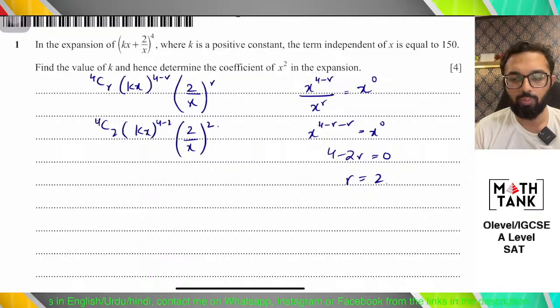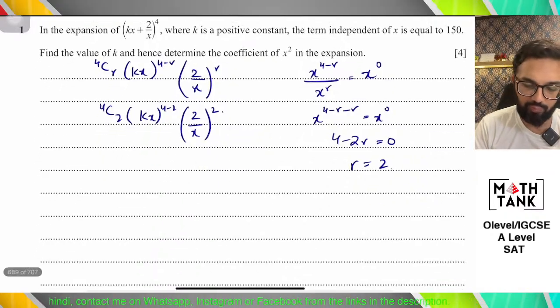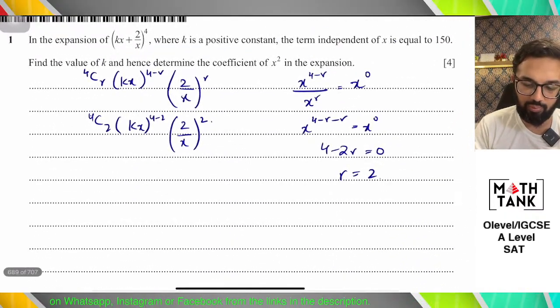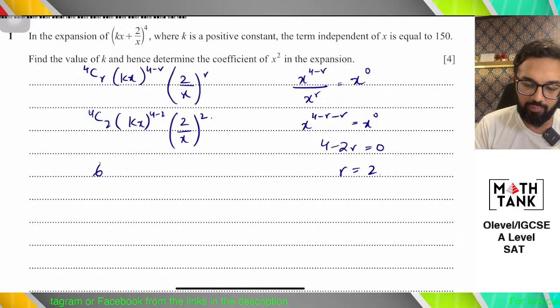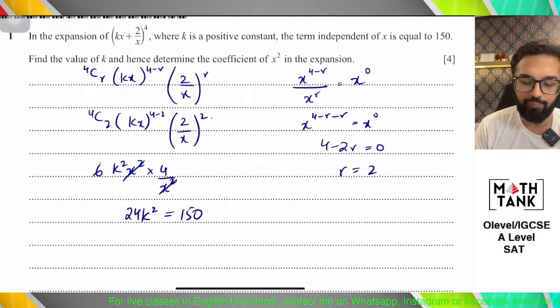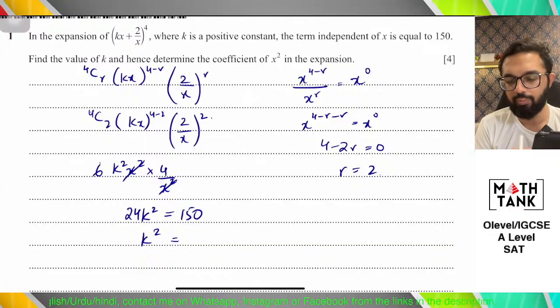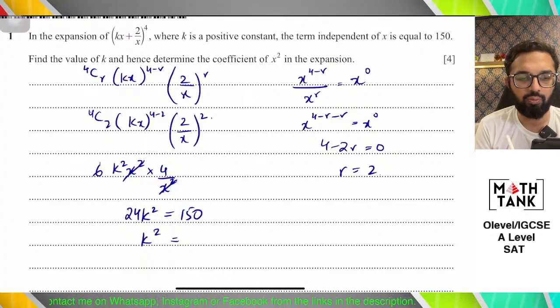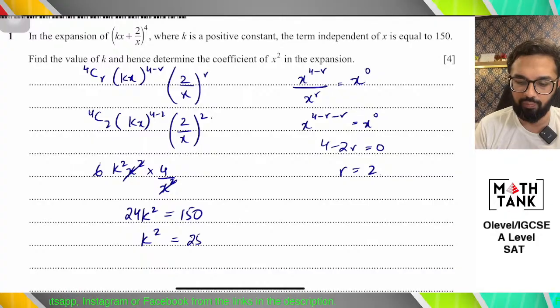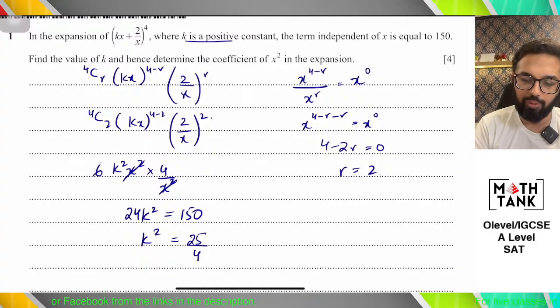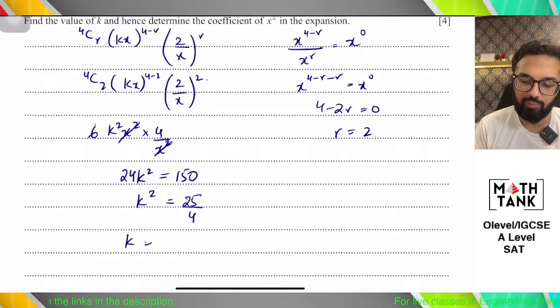The term should equal 150. 4C2 is 4 into 3 over 2, which is 6. k squared x squared into 4 over x squared gives me 24k squared equals 150. So k squared is therefore 150 divided by 24, which is 25 over 4.